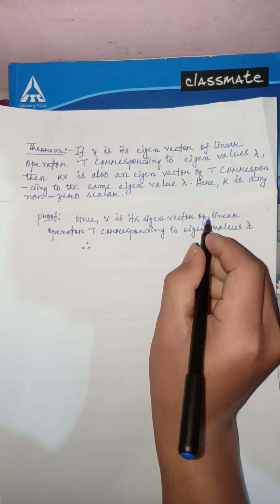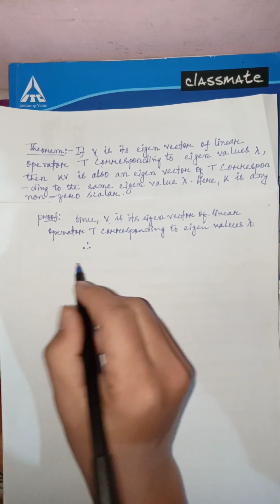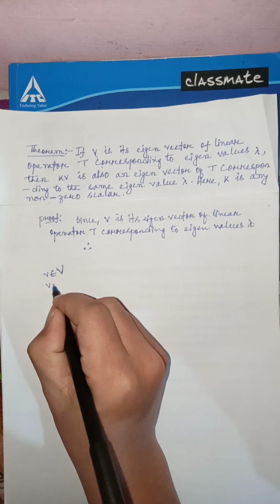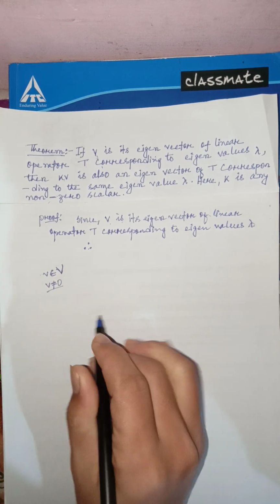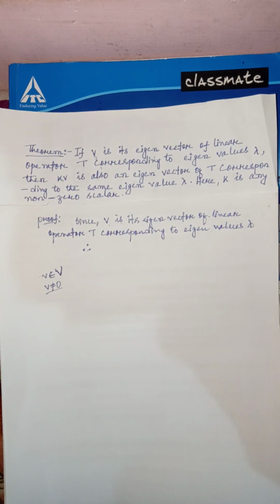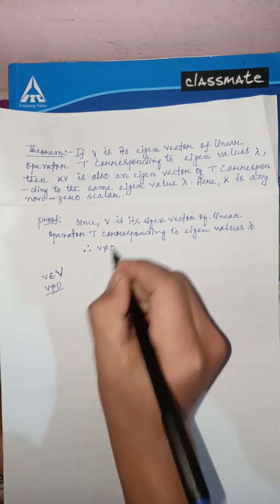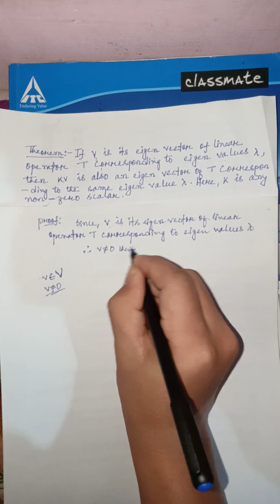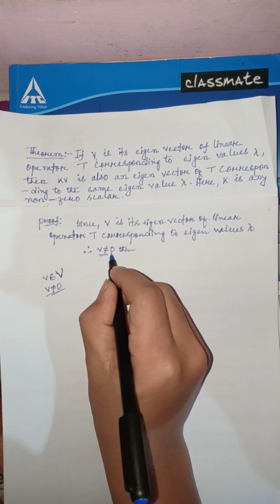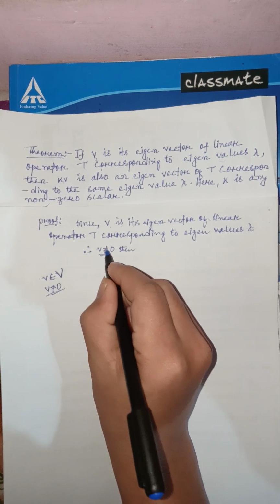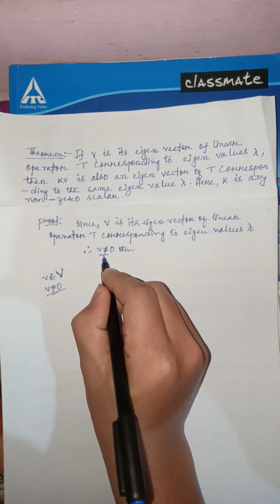If v is an eigenvector of a linear operator T, then the first thing that comes to mind is that small v belongs to vector space V, and v does not equal 0. This is what comes to mind whenever v is defined as an eigenvector of linear operator T. Actually it is clear from here as well, but we wrote it so that everyone viewing this can understand it better.